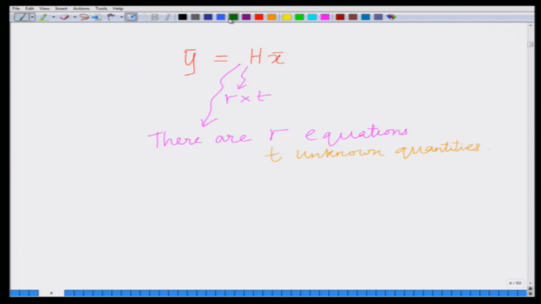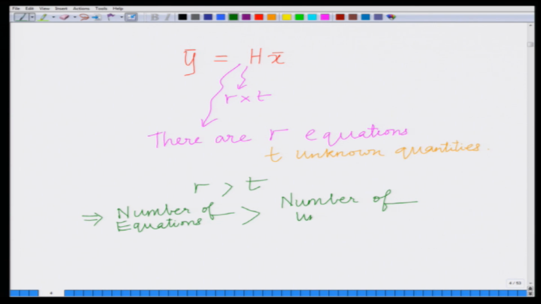So, if R is greater than T, this implies that the number of equations is greater than the number of unknowns.